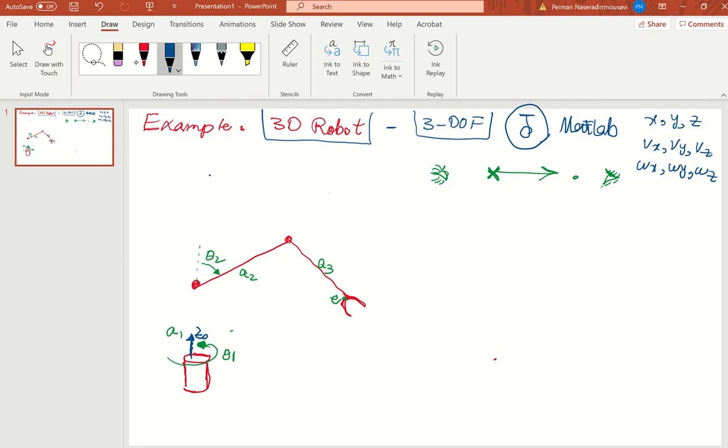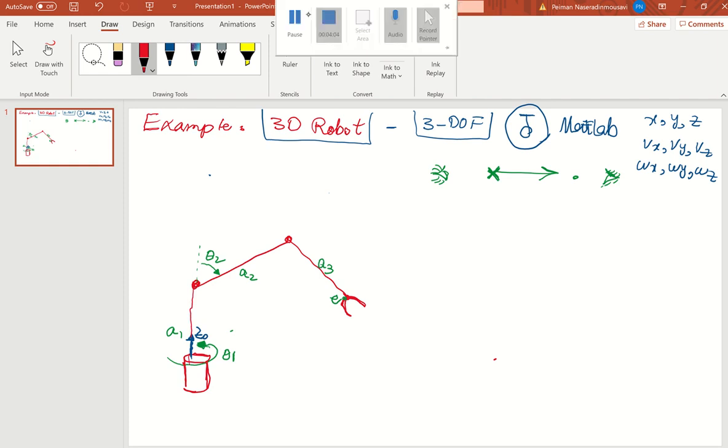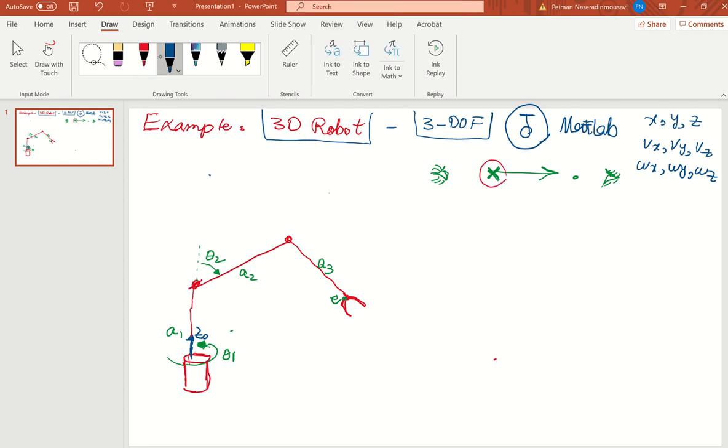Here is going to be Z naught. So this rotation based on the right hand rule shows that your thumb must go inside the page. So you're going to see the arrow from the back area. That's what I'm showing with this. This is the Z1.